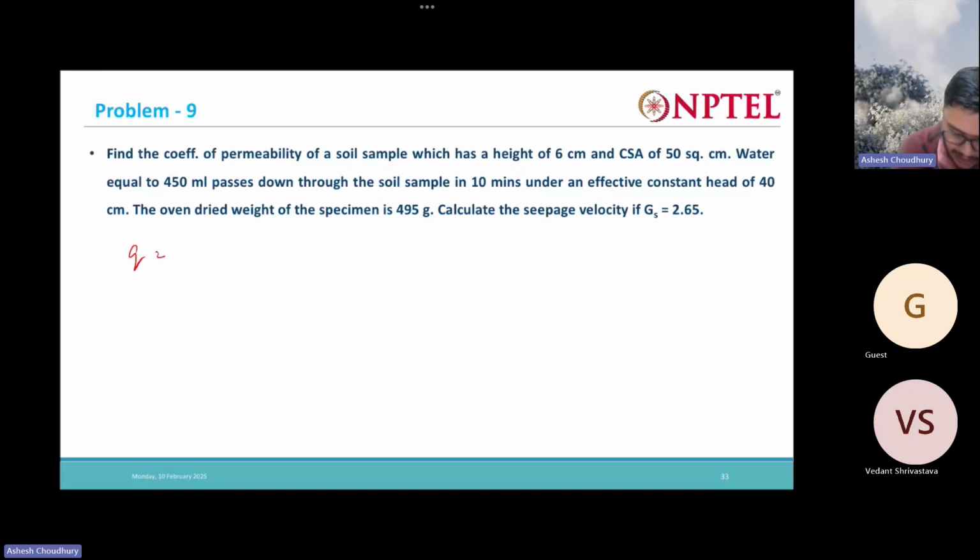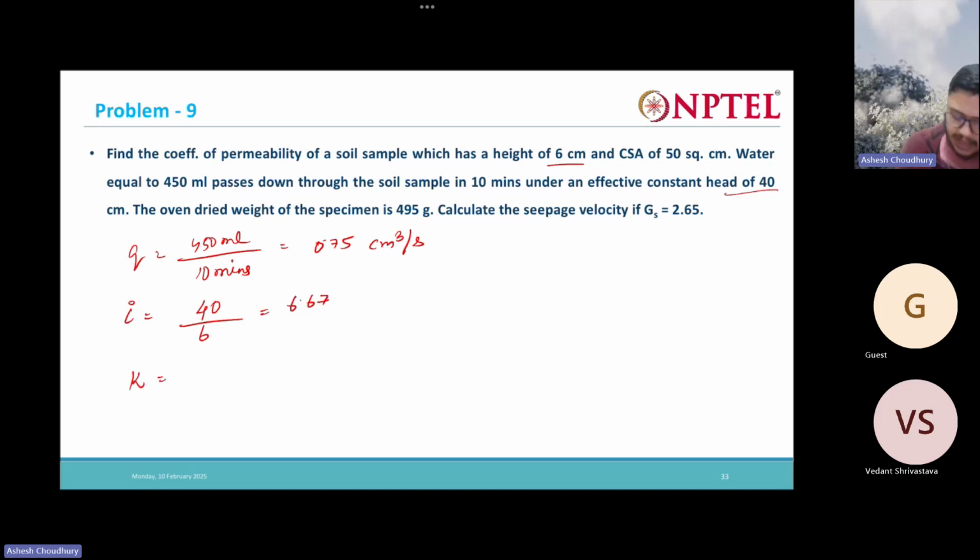So 450 ml divided by 10 minutes, this we convert to centimeter cube and then to seconds, it will come out as 0.75 centimeter cube per second. Okay, next, what is the hydraulic gradient? Under a constant head of 40 centimeter, the head loss is 40, and the length of the specimen is 6 centimeters. So 40 by 6 is 6.67.